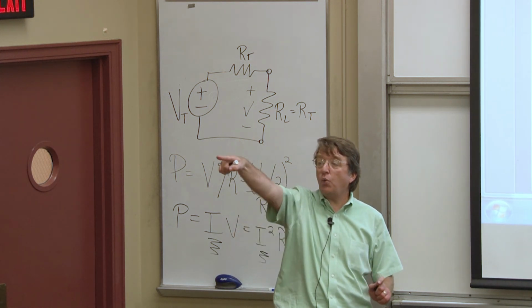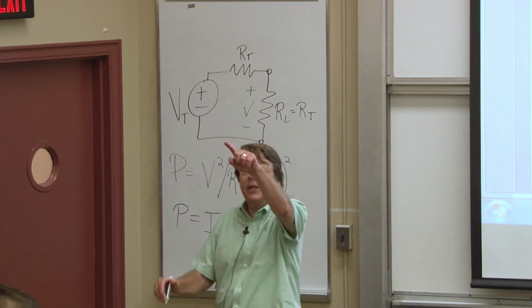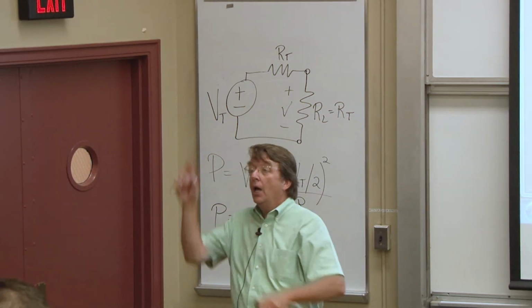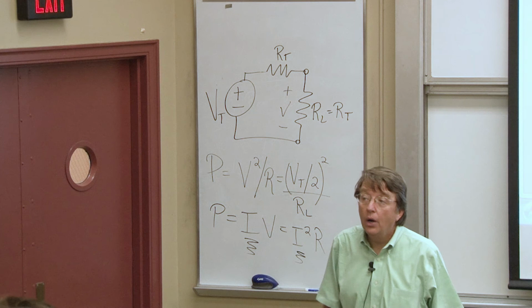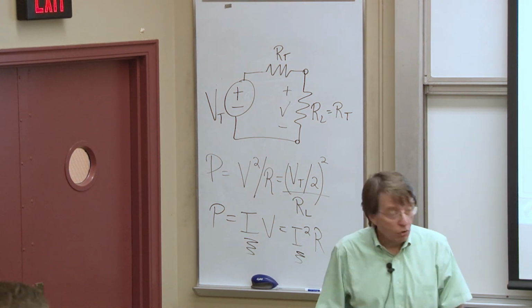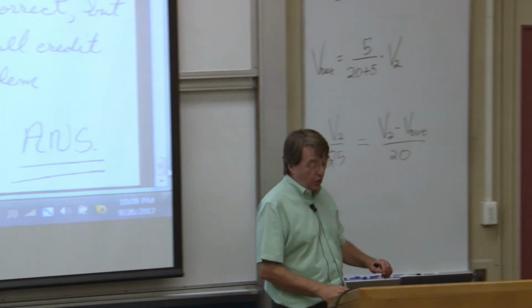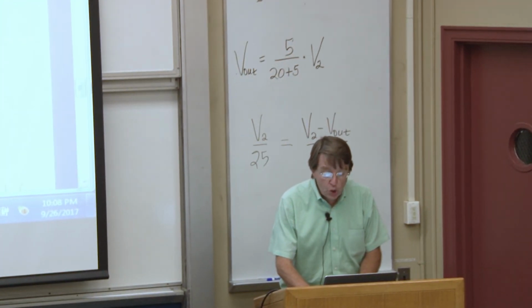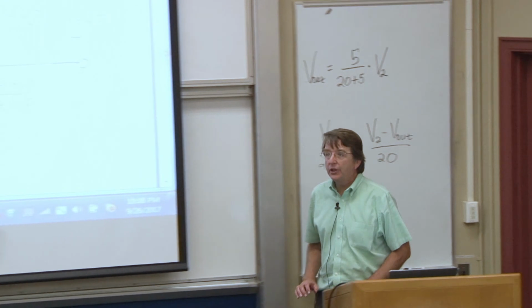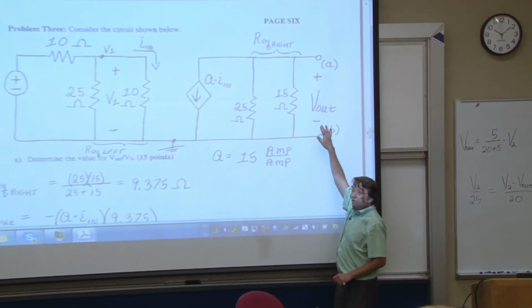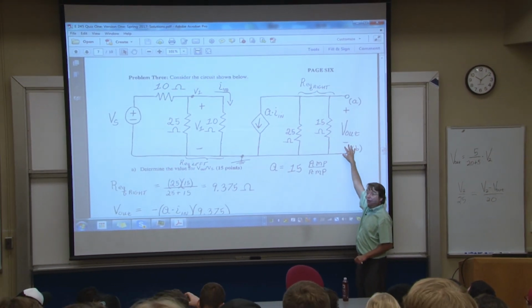Now, another question from my colleague here. Did I get your question? We're good? Right. How did I get V open circuit? Two-part answer to your question. V open circuit is V out.